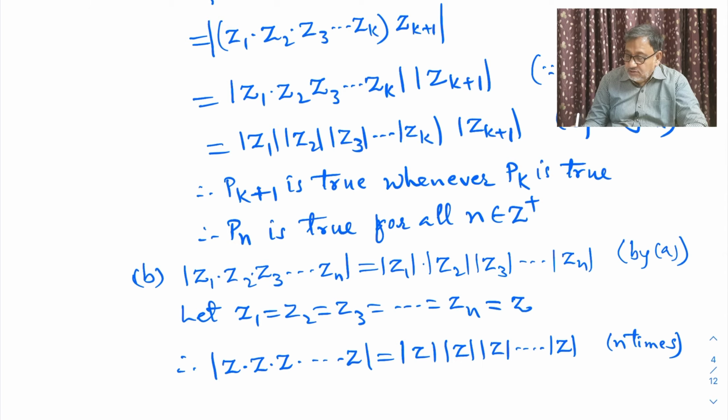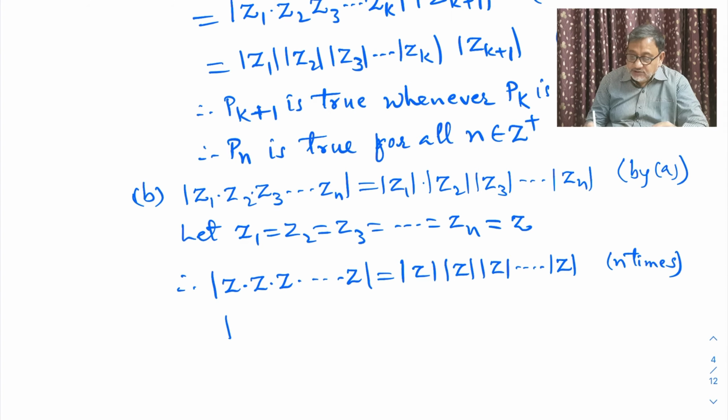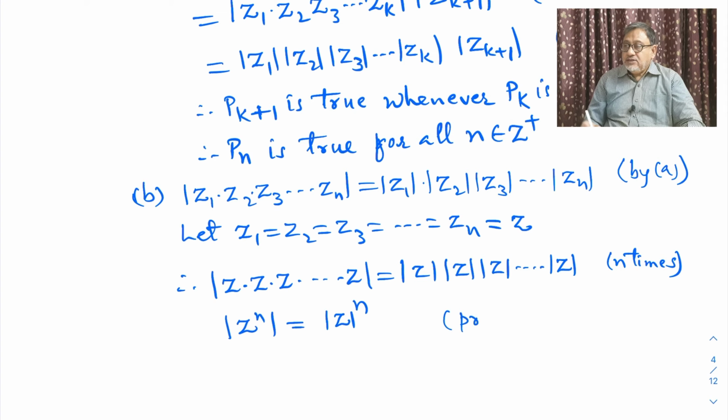We multiply them n times. Now the left hand side will be modulus of z to the power n and the right hand side will be modulus of z bracket to the power n. So therefore we have proved it.